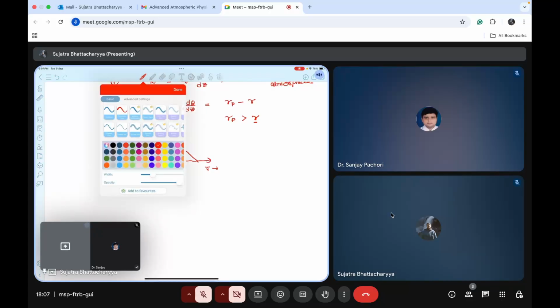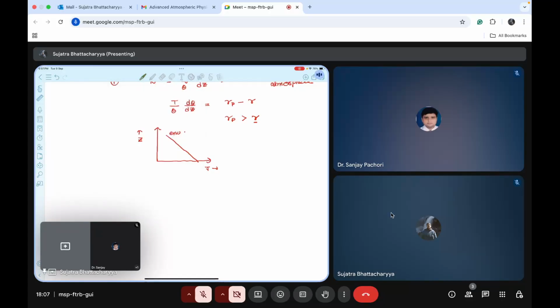And for the parcel gamma P, since it is greater, that means what? What is the meaning of greater? That the rate of decrease of temperature is larger than the environment, right?